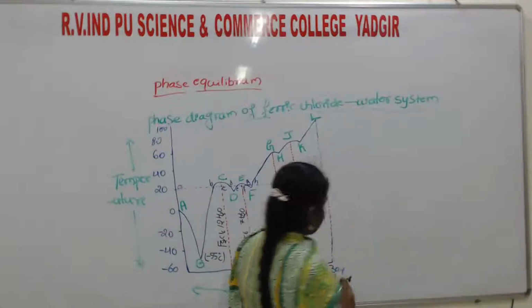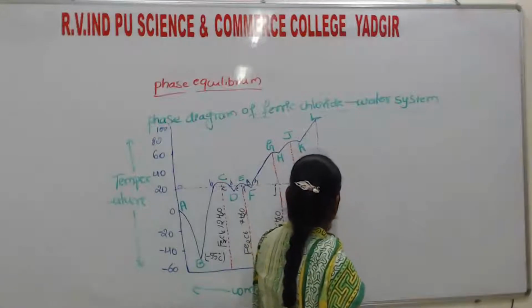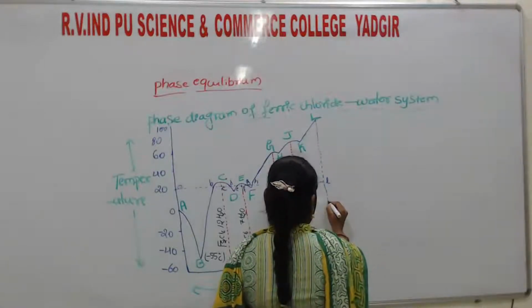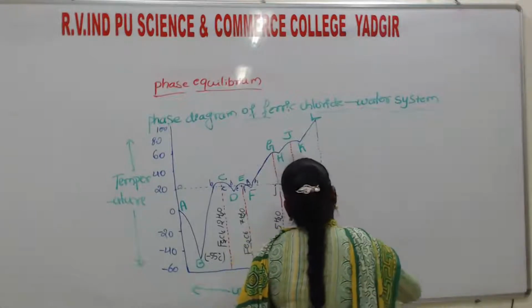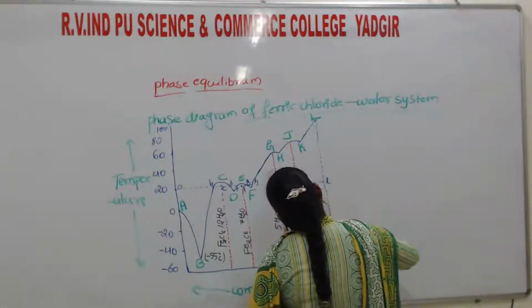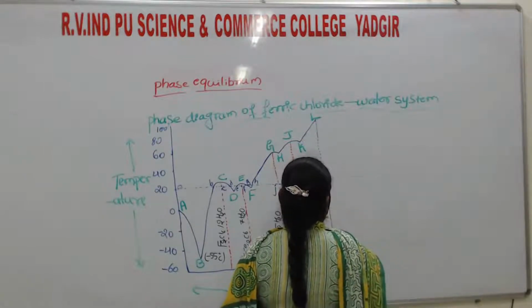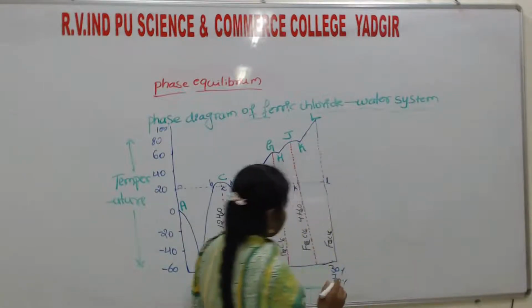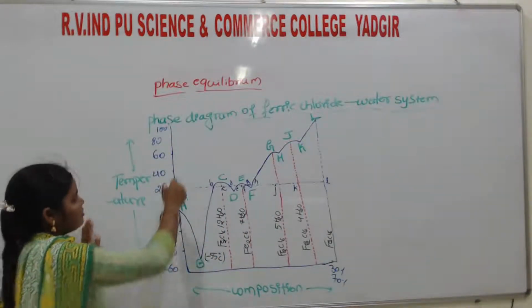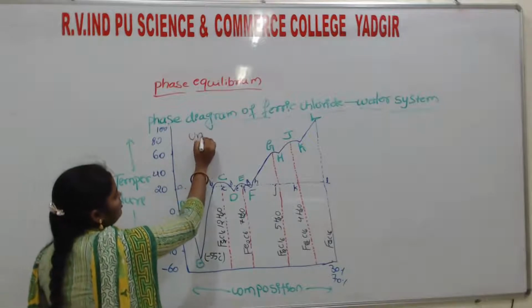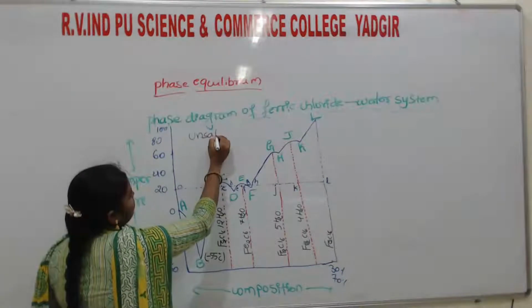Finally, the formation is Fe2Cl6. This region above is unsaturated.